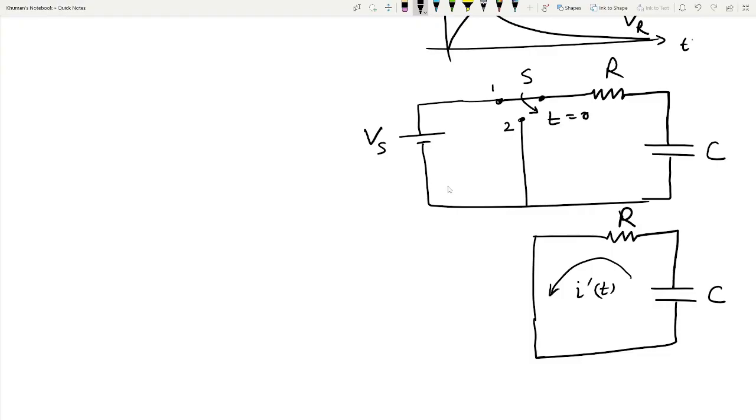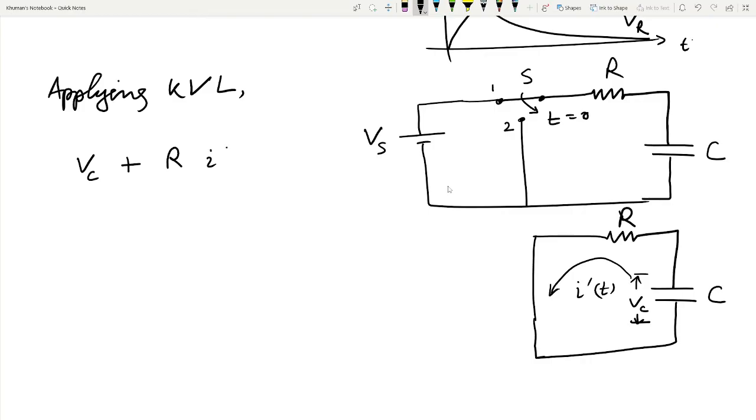Okay, now applying KVL we can write the equation as VC. Okay, so here the voltage across the capacitor will be VC. Okay, VC plus R i prime t equal to 0.